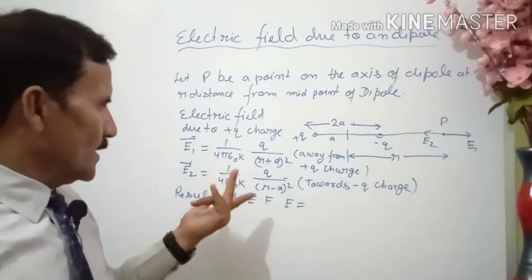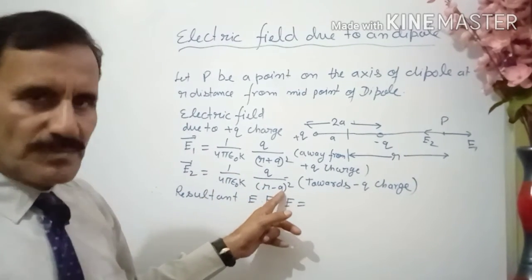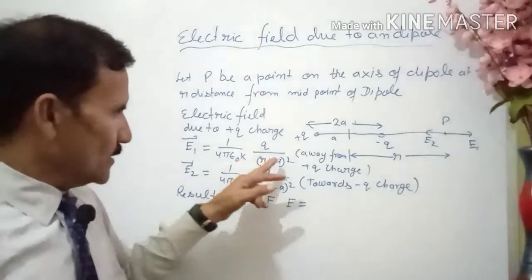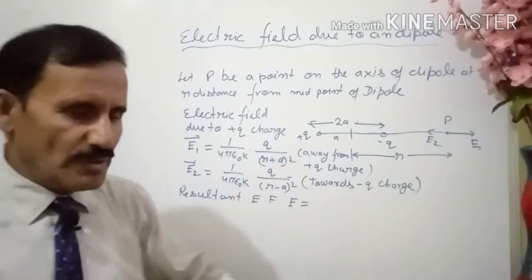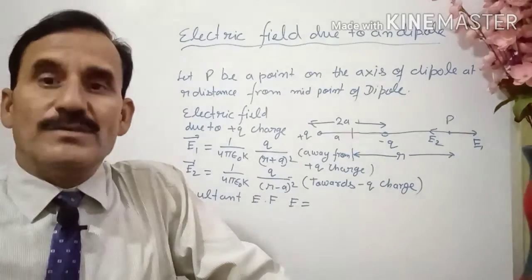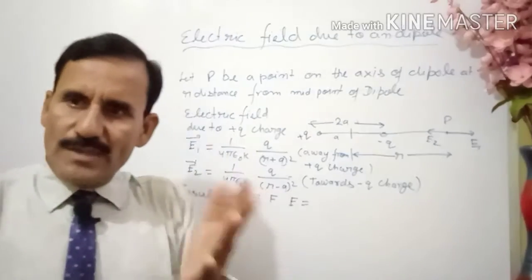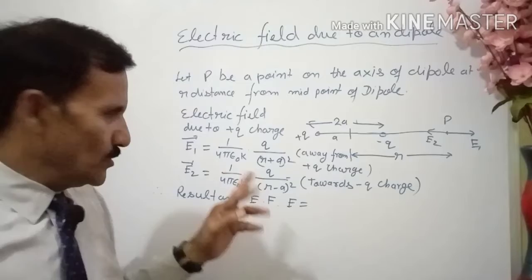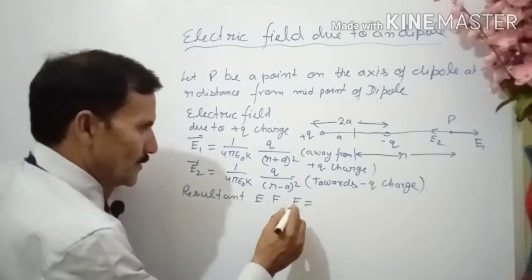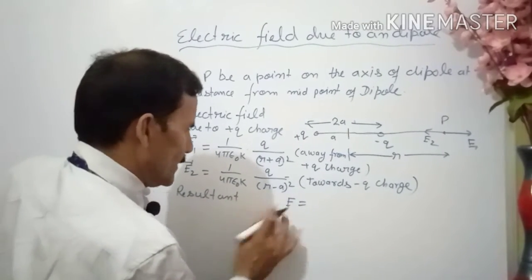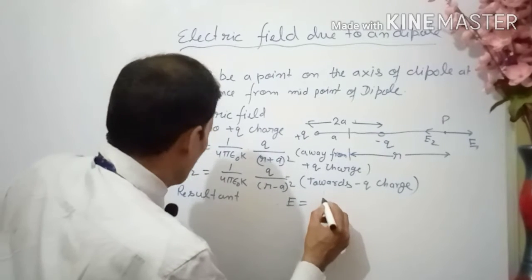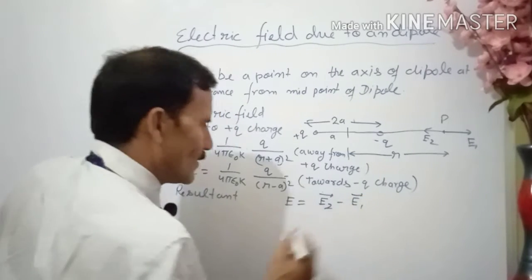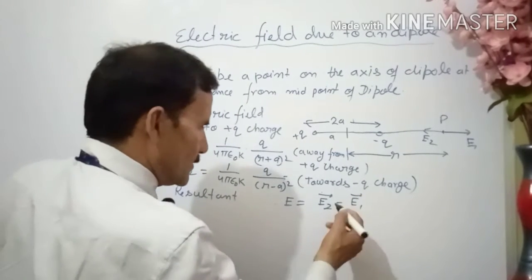Now think which is greater. Here the denominator is smaller, so this quantity is greater than this quantity. In a fraction, when the denominator is more, then the quantity is smaller. So this is smaller as compared to that. So suppose the resultant electric field be E, then it is nothing but E2 minus E1, and it is a smaller quantity.